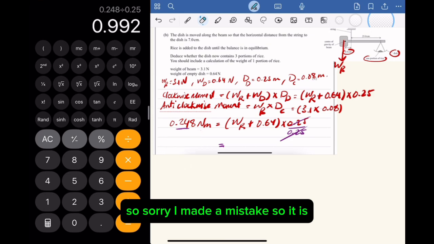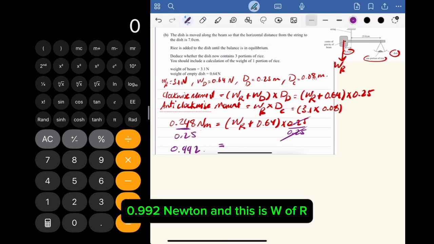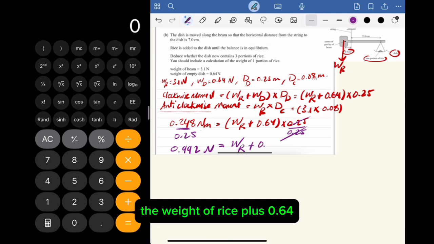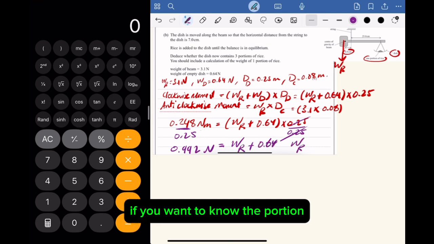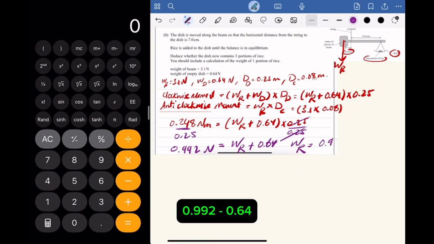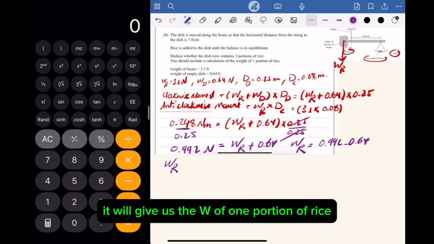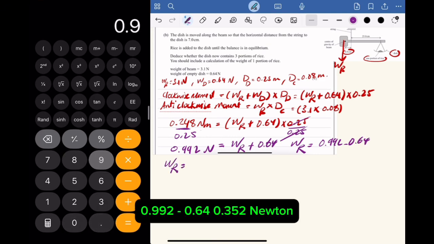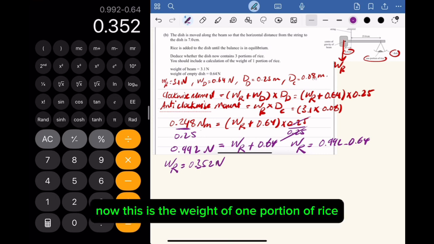So it is 0.992 Newton, and this is W of R, the weight of rice, plus 0.64. If I want to know the weight of one portion of rice, 0.992 minus 0.64 will give us the W of one portion of rice, which is 0.352 Newton.